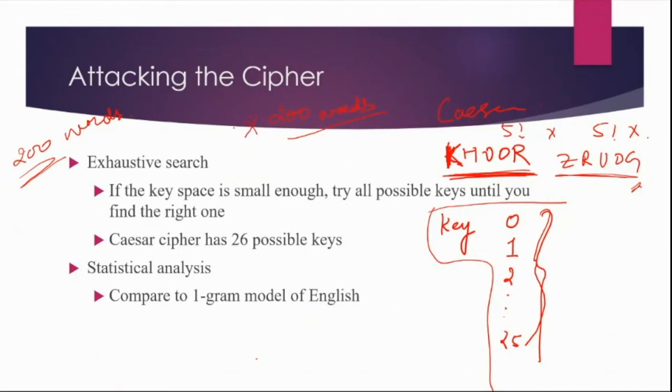So approximately there are 800 letters in your document. If you go by exhaustive search, how many conversions do you have to do? You have to do 800 letters converted 26 times. Agreed?